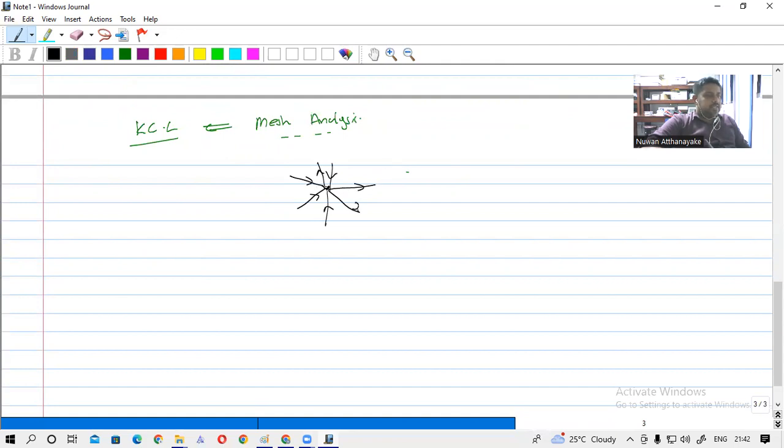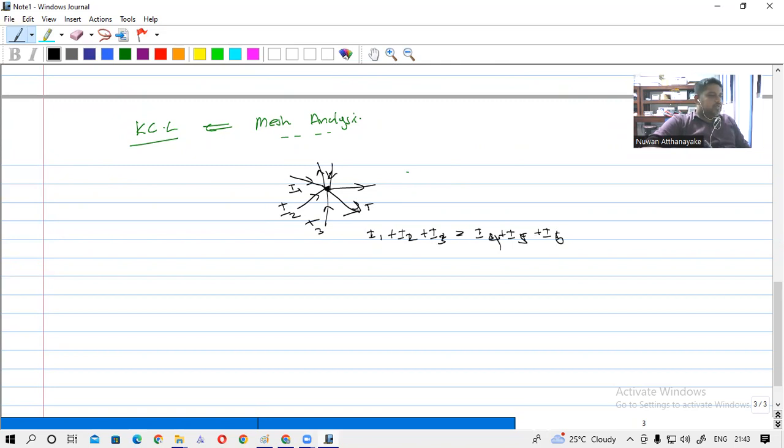That means the sum of the currents coming to the point is equal to the outgoing current of the point. If this I1, I2, I3 come, and I1, I2, let's say 4, 5, 6.